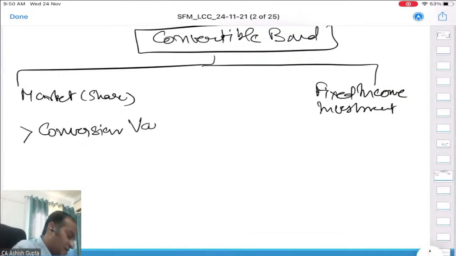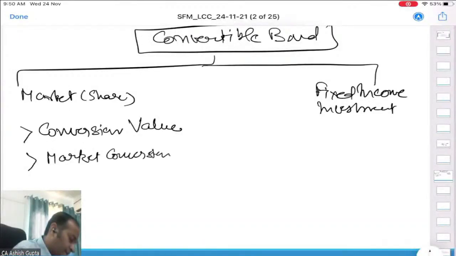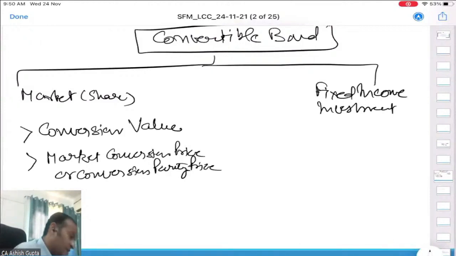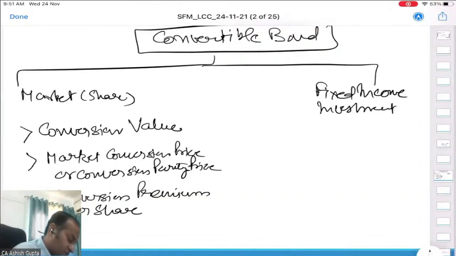Now, students, here we are concerned with the conversion value. Next we are concerned with the market conversion price per share, which is also called the conversion parity price. Another is the conversion premium per share, and the ratio of conversion premium.